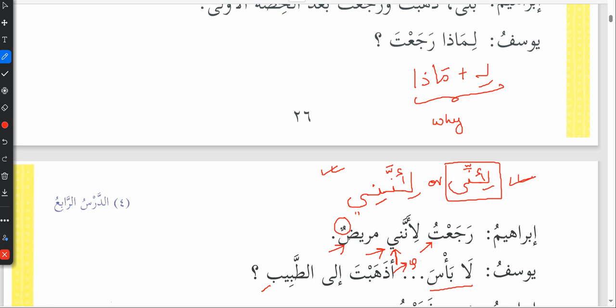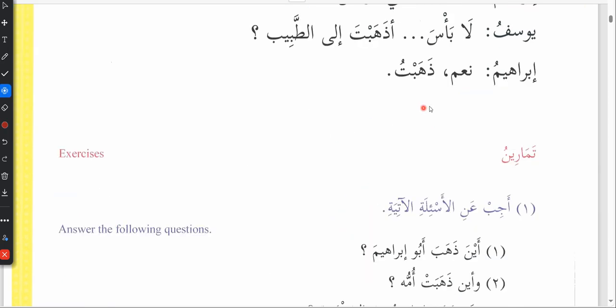Ibrahim says, Naam, dhahabtu. So when you see there is a simple question, dhahabta ila tabibi, did you go to the doctor? There is no interrogating tone here. So you will answer in confirmation simply using Naam, dhahabtu.